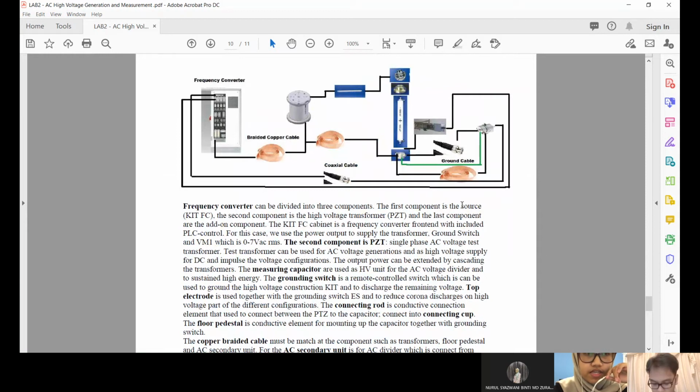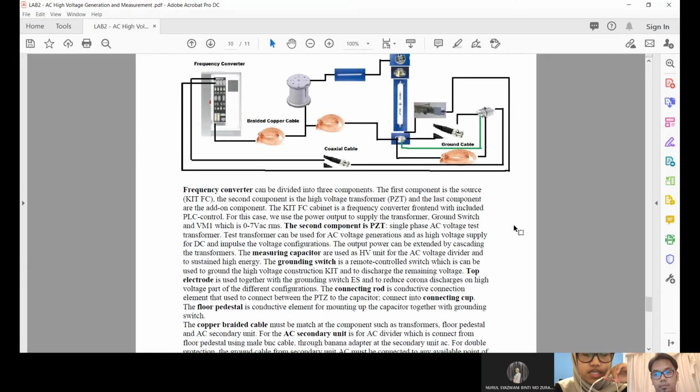The kit FC cabinet is a frequency converter front end which includes PLC control. For this case, we use the power output to supply the transformer, ground switch, and VM1, which is 0 to 7 VAC RMS.